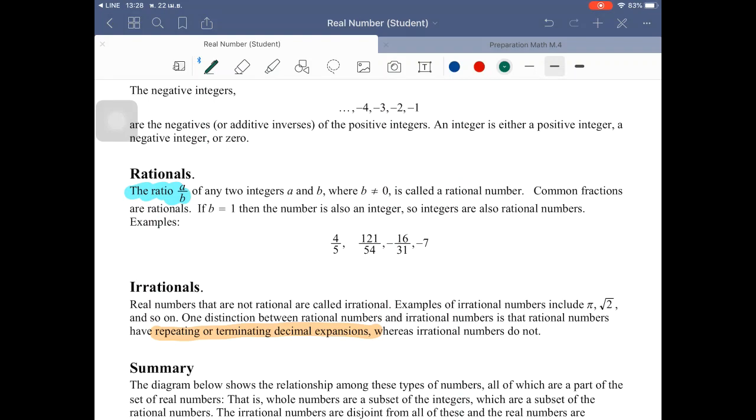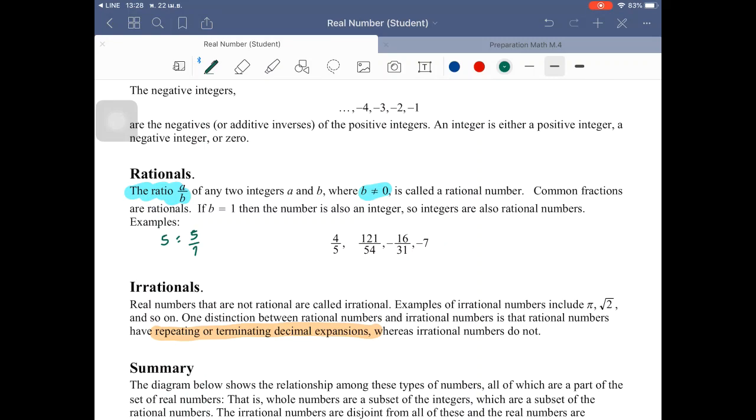The rational number is any number that can be written in the form of ratio and fraction, for example, A over B, but B cannot be 0. For example, like 5 is rational because you can write it in the ratio of 5 over 1.